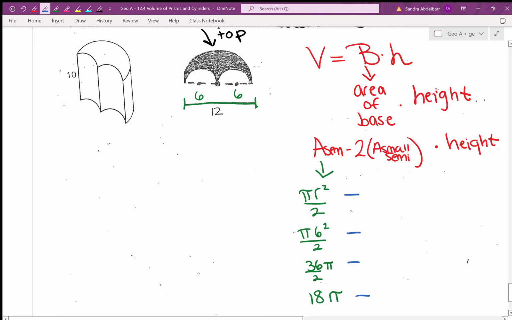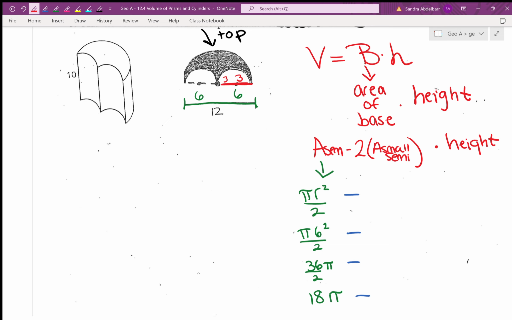Okay, now we need to find the area of the small semicircle. Well, the diameter of this semicircle is 6, so what does that mean for the radius? 3. You got it. So now, question for you, to make things easier.